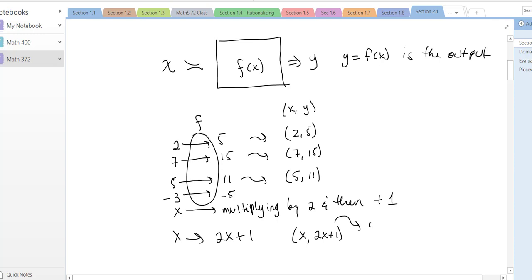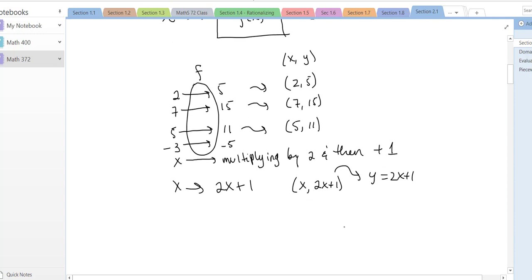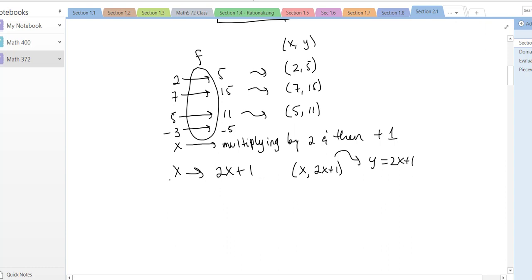Or you can say y equals 2x plus 1. But when we want to write the function notation, this says that f of x equals 2x plus 1. And so these are essentially points on a line, the line with y-intercept (0, 1) and slope 2. So that's what this function was doing.